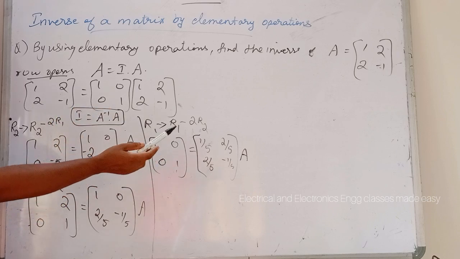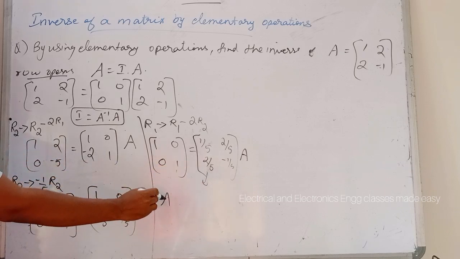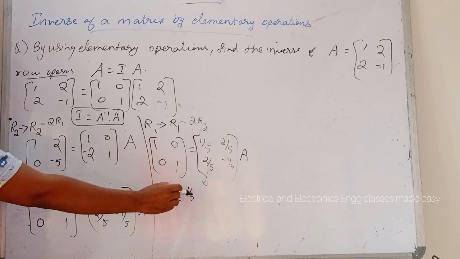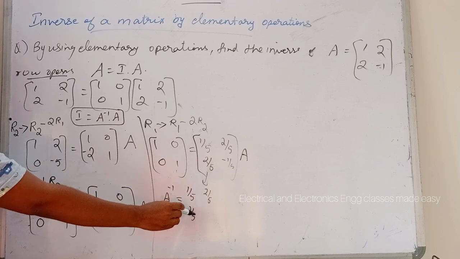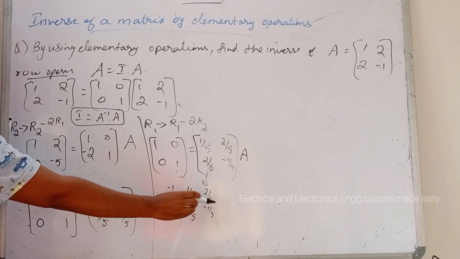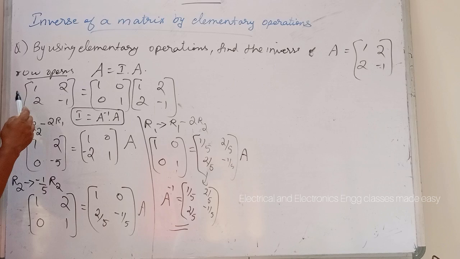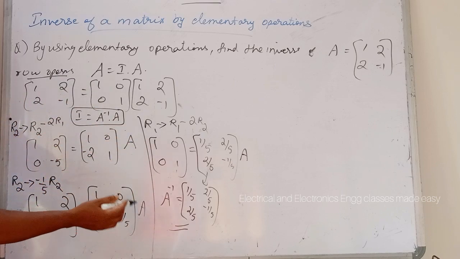So which is A inverse? This one will be the inverse of this matrix A. So A inverse is equal to 1 by 5, 2 by 5, then 2 by 5, then minus 1 by 5. So in this way we can do the elementary row operations to get the inverse of a matrix.